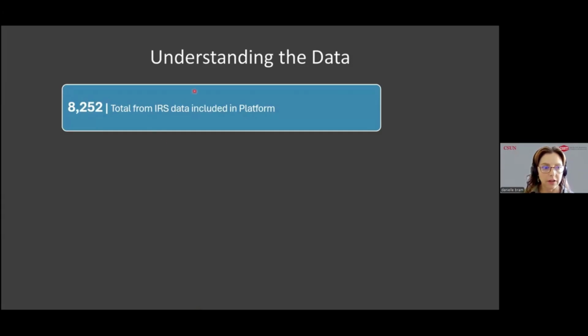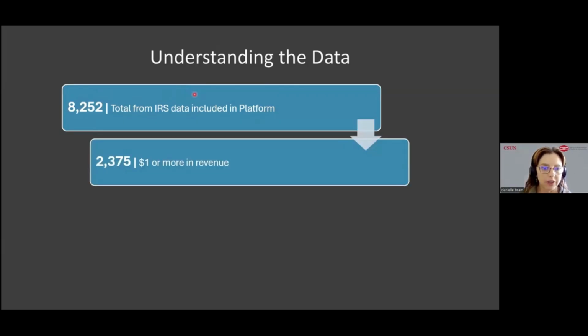There are over 8,200 organizations from the IRS data that are included in the platform. Those are just organizations within the San Fernando Valley. However, if you query that data and filter it to only look at organizations that bring in $1 or more in revenue, that drops the organization list to over 2,300.